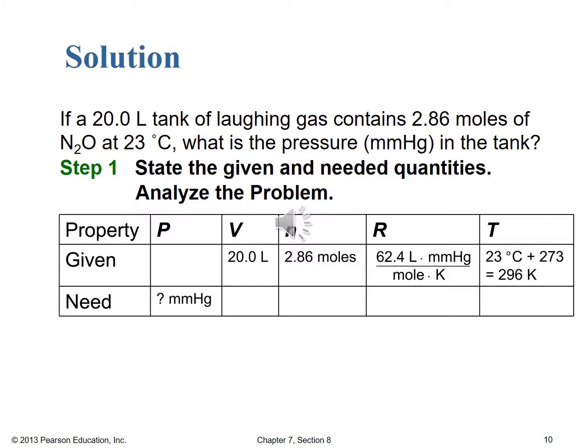The form of R to use would be the 62.4 liters times millimeters of mercury per mole times Kelvin, because ultimately we want millimeters, but certainly you could use the 0.0821 liter atmospheres per mole Kelvin, and then at the end convert from atmospheres into millimeters of mercury if that's the way you prefer to do it. And finally, temperature here is given in Celsius, and so we need to add 273 to arrive at a Kelvin temperature of 296 Kelvin.